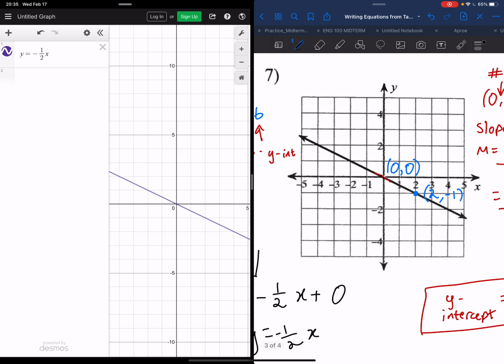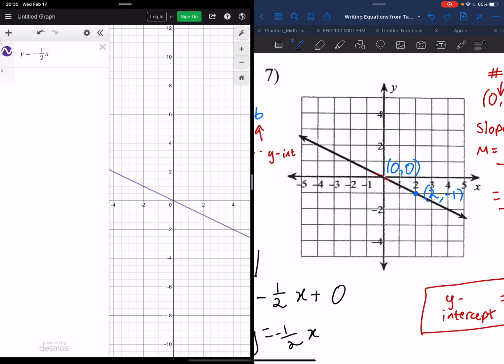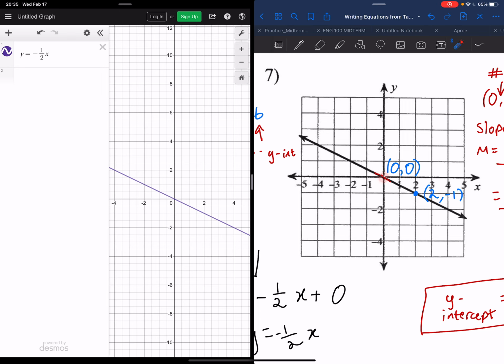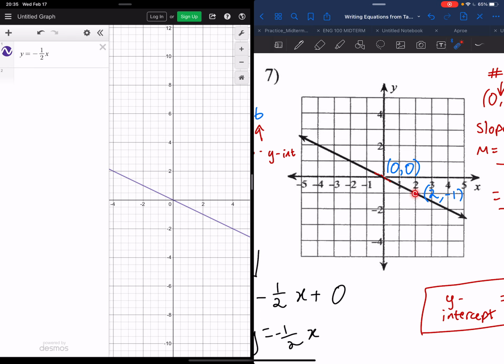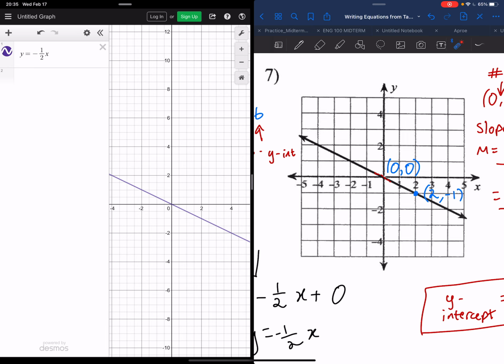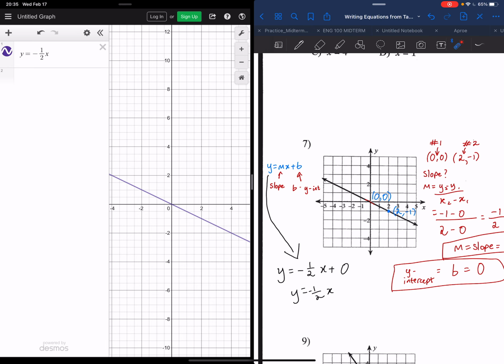That looks awfully similar. You can see the same slope. It passes through 0, 0, right here and right there. And it also passes through 2, negative 1 over here. So this is the correct answer.